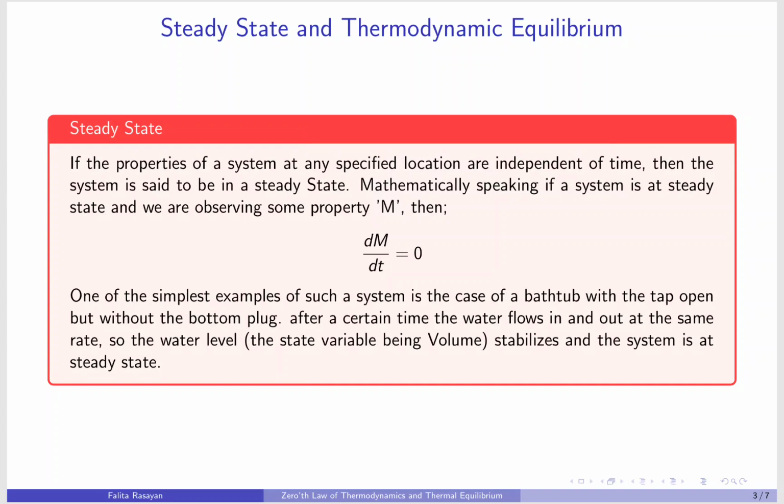After a certain time, the rate of filling of the tub will equal the rate of leakage from the bottom. At that moment, we will see the liquid level remain unchanged with time. Here the state variable, the volume V, stabilizes and the system is at steady state.